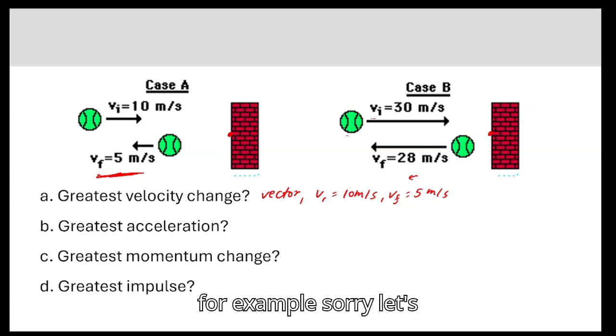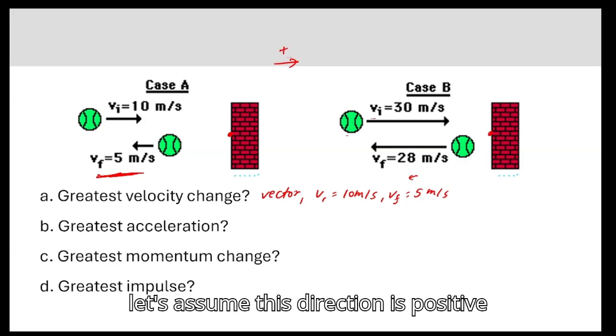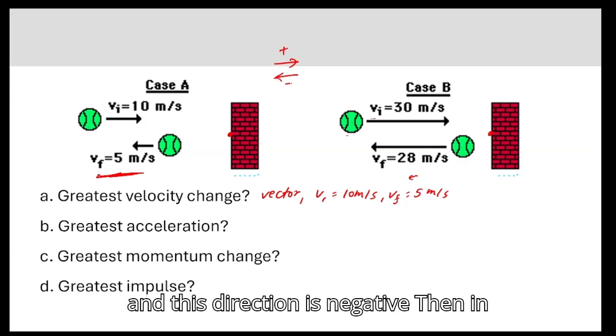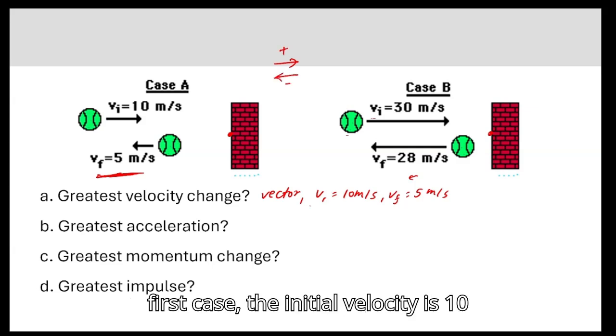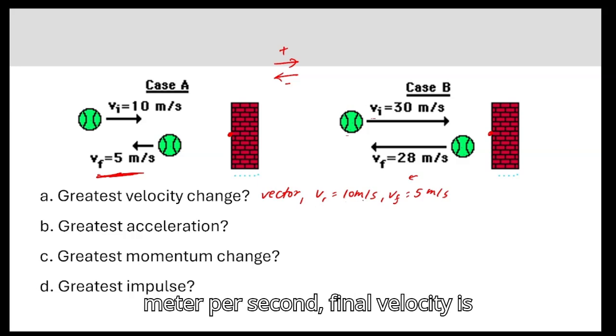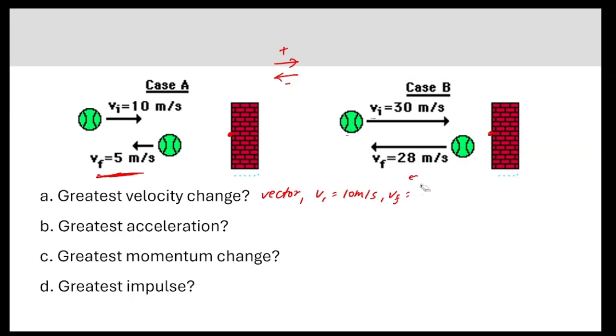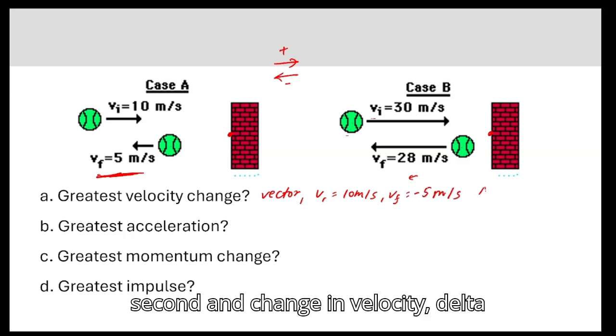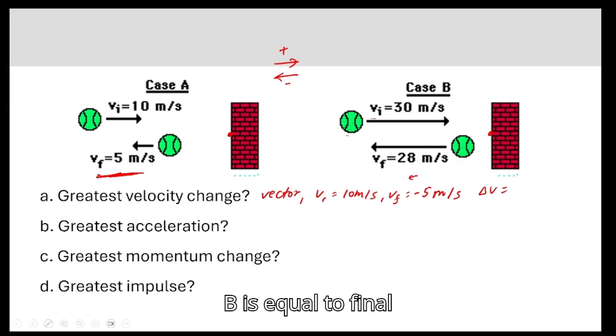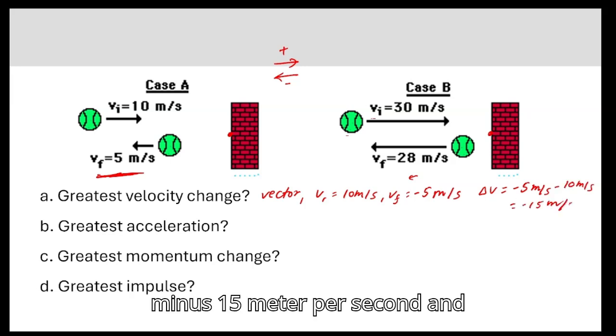So for example, let's assume this direction is positive and this direction is negative. Then in the first case the initial velocity is 10 meters per second, the final velocity is minus 5 meters per second, and the change in velocity delta v is equal to final velocity minus initial velocity, which is minus 15 meters per second.